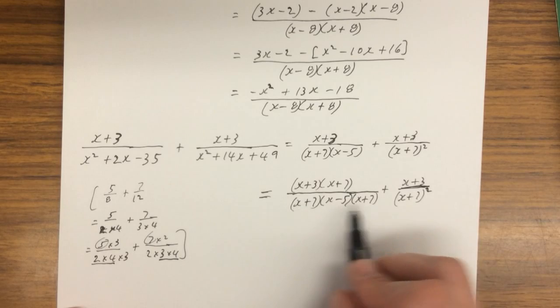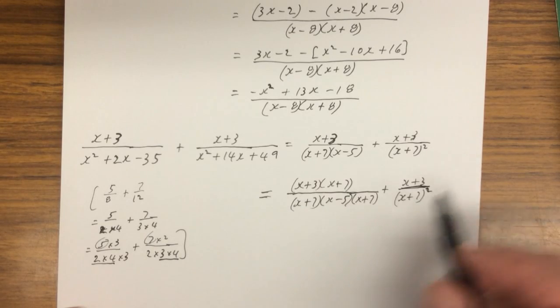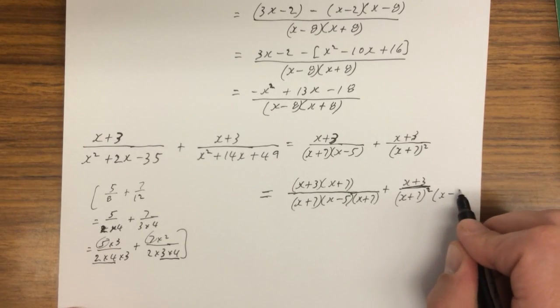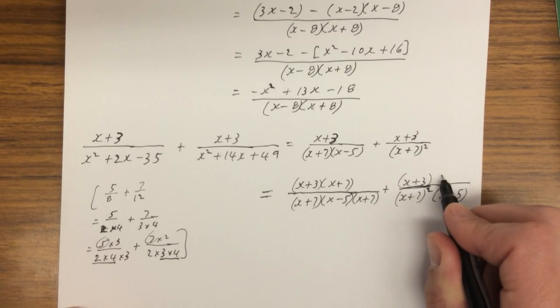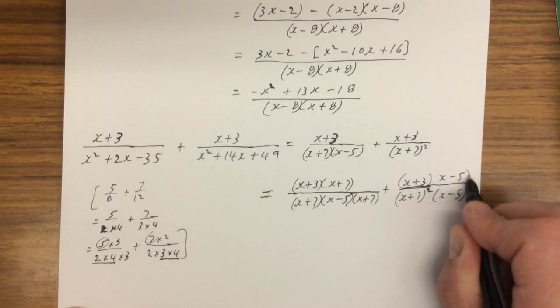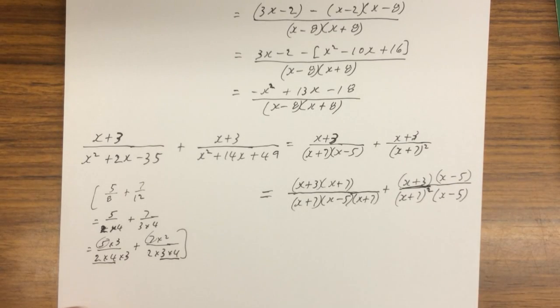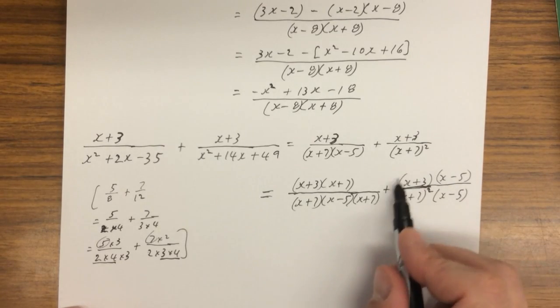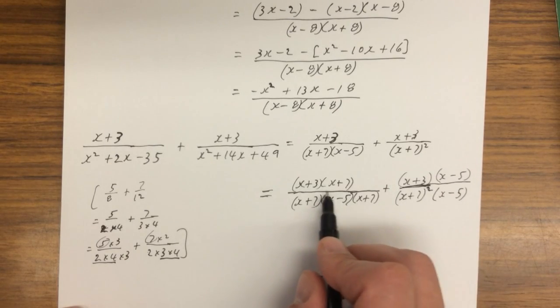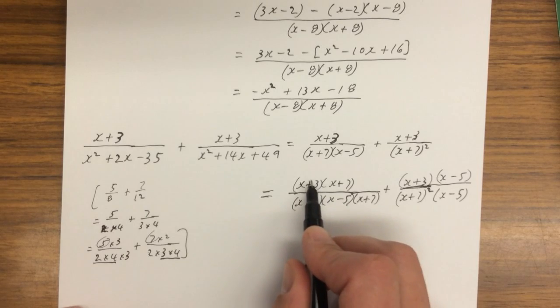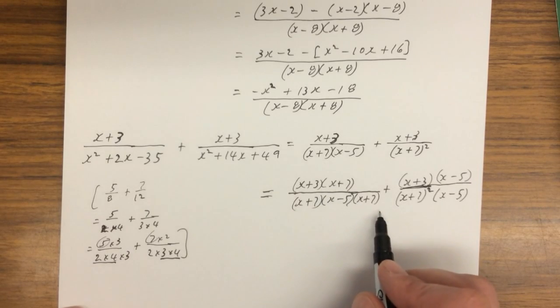Okay, so we got the x plus 7 on the bottom, but now we need an x minus 5, so we're going to do x minus 5 on the bottom, and we're going to have to do the same thing on the top. Okay, so this was the original one, multiply top and bottom by x minus 5. This was the original one here, and then we multiply the top and bottom by x plus 7.